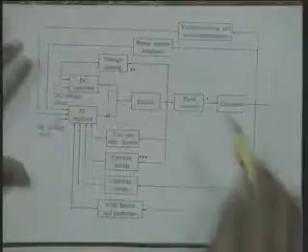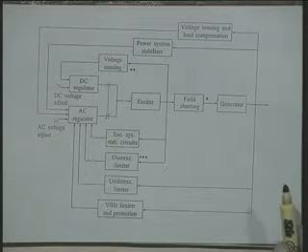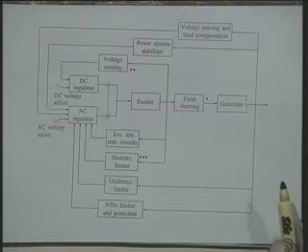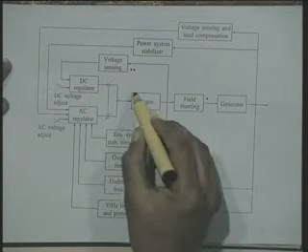Here, this is the most general block diagram of the excitation system, which shows the different control, protection, and limiting functions. Now, let us look at this diagram.